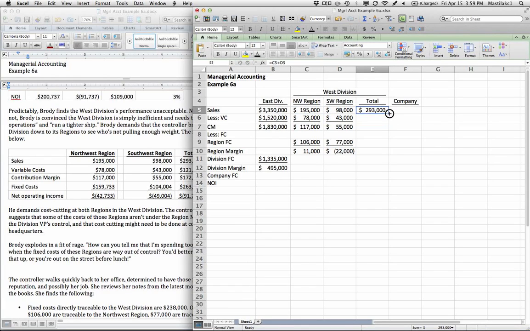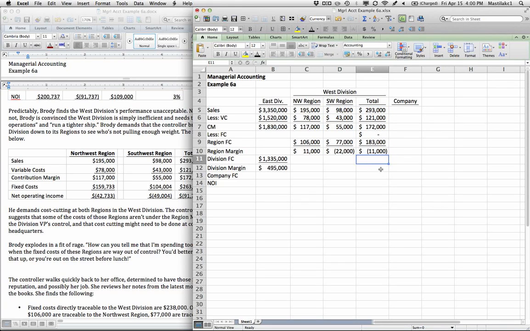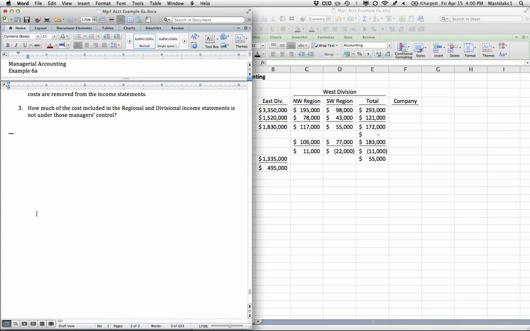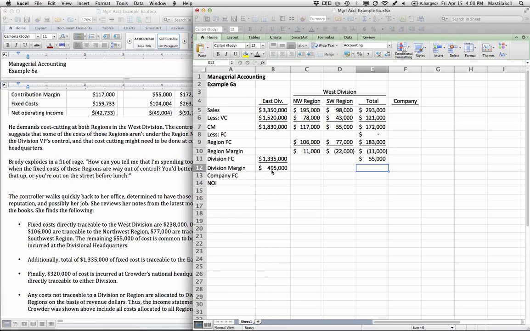It might be profitable. If we include a total of Northwest and Southwest into a company-wide, or a division-wide income statement, we can see that the division is losing $11,000, and then when we put in the $55,000 that were given as its fixed costs right here, we can see that the West Division is losing, whoops, that's not right.